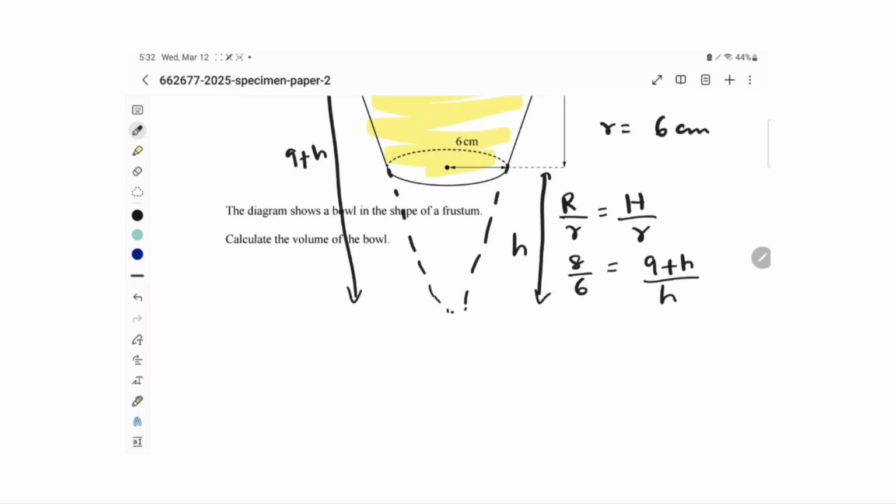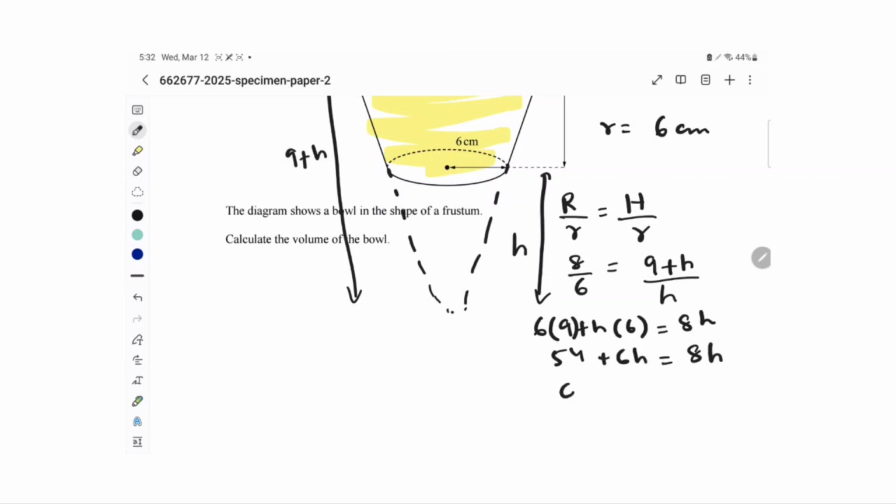Cross multiply, then you will have 6 times 9 plus h is equal to 8h. 6 times 9 is 54 plus 6h is equal to 8h.